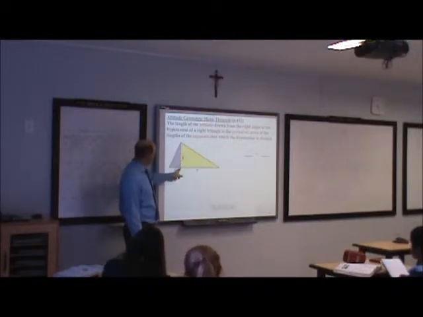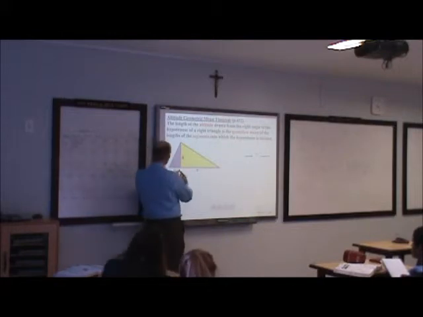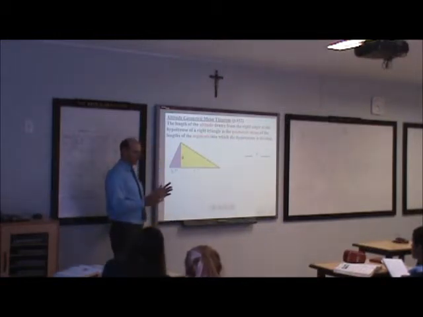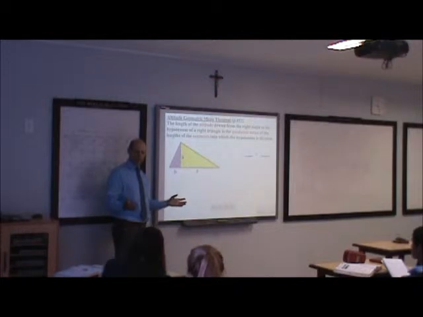And so that altitude essentially divides the hypotenuse into 2 segments. So these segments are B and C, which I've labeled here. It's the segments that the hypotenuse is divided into by the altitude. Is that clear to everyone?